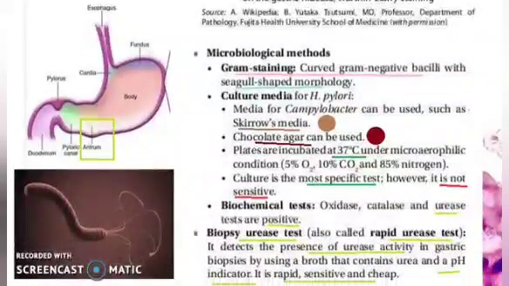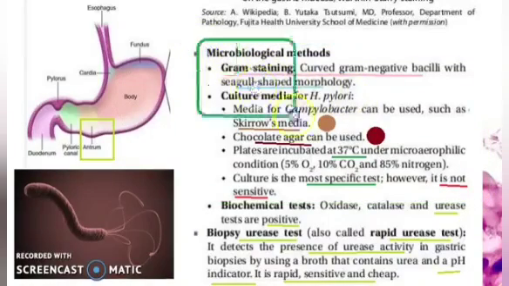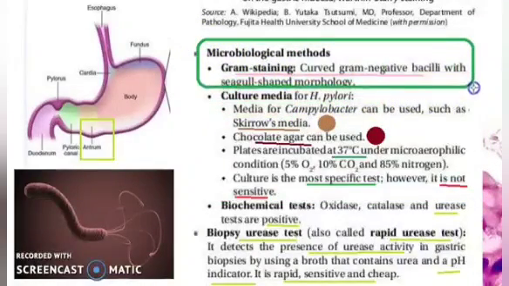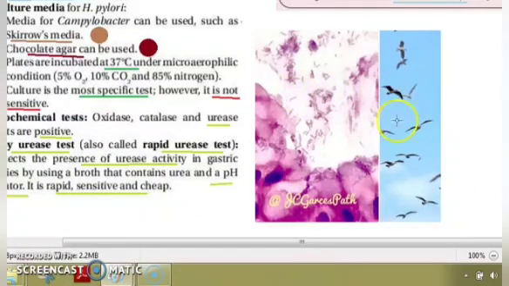Coming to the other invasive techniques, microbiological methods. Once you get the biopsy, you can do gram staining. You will get gram negative bacilli with seagull shaped morphology. Why seagull shaped? Look at this diagram, how it looks like the birds, right?